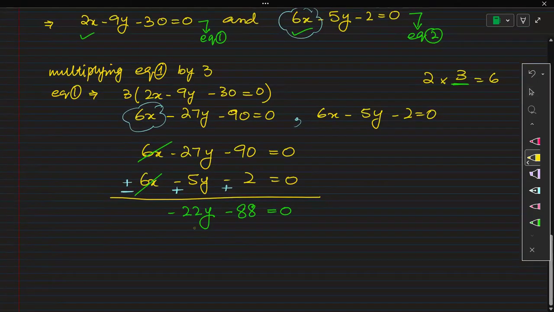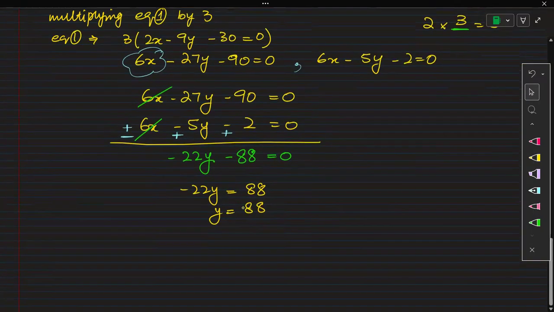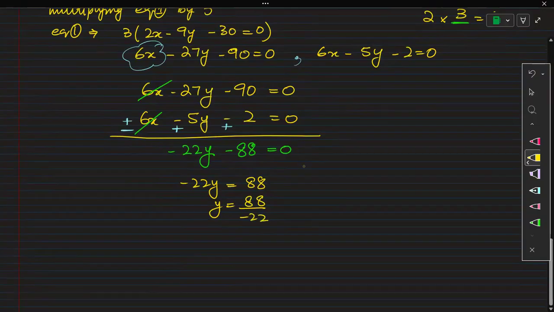Now we have to make y the subject. Therefore, minus 22y equals 88, and then drop this 22 to the denominator. So y equals minus 44, right?